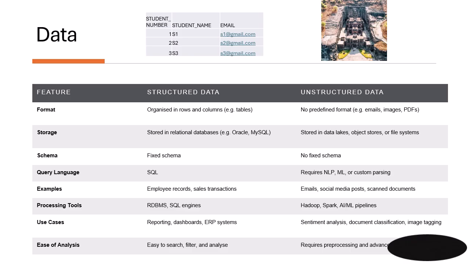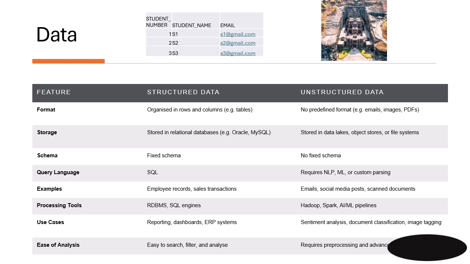But mostly, unstructured data is a huge amount of data, so it is stored in data lakes, object storage, file systems. Even if you want to store unstructured data in a relational database, it needs complex data types, not simple data types.